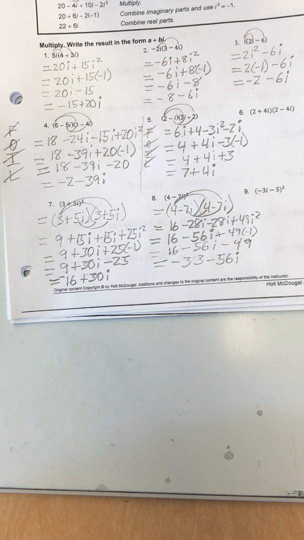Just like what we did when we were doing our quadratics and multiplying a binomial times a binomial to get a quadratic. Now, here's what I'm going to do on the assignment. I want you to do the multiplying complex numbers on the next page. Okay?